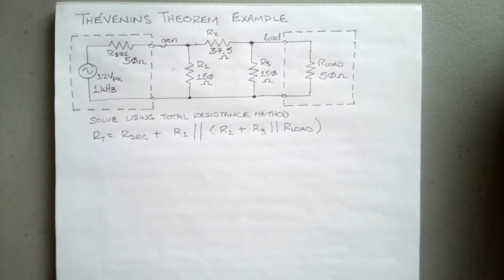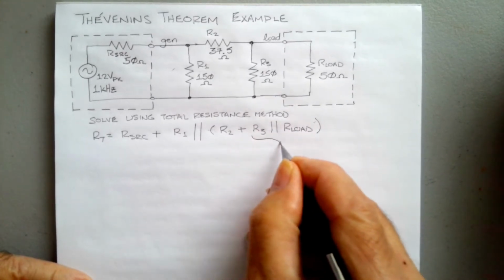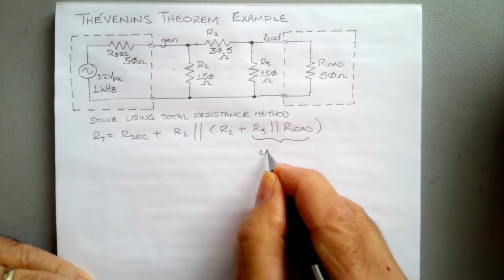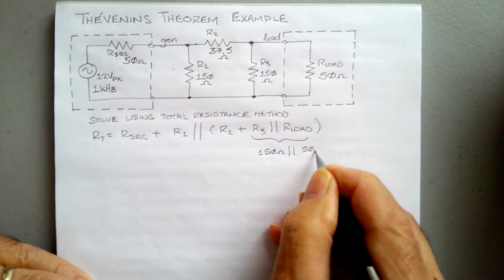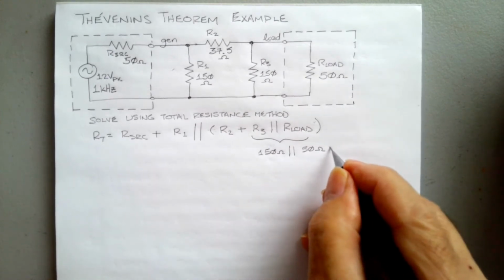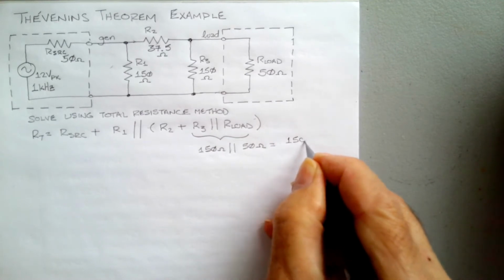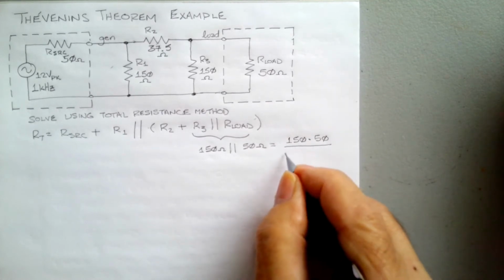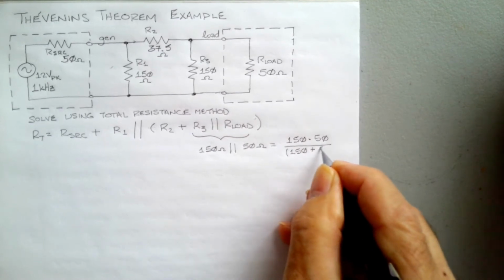Now, if we look at this part right here, we have 150 ohms in parallel with 50 ohms, and I'm going to use product over the sum here. That's equal to 150 times 50 over 150 plus 50.